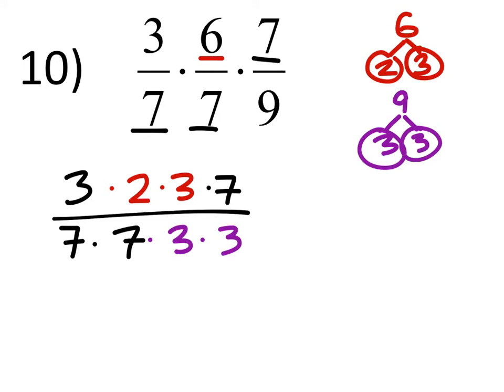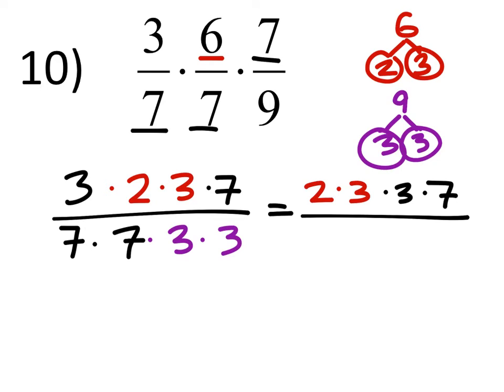I'm going to rearrange them so we can have numbers directly above and below each other that we can cancel out. So I'm going to rearrange this into 2 times 3 times 3 times 7. And then the bottom will be 7 times 3 times 3, and then times the other 7.